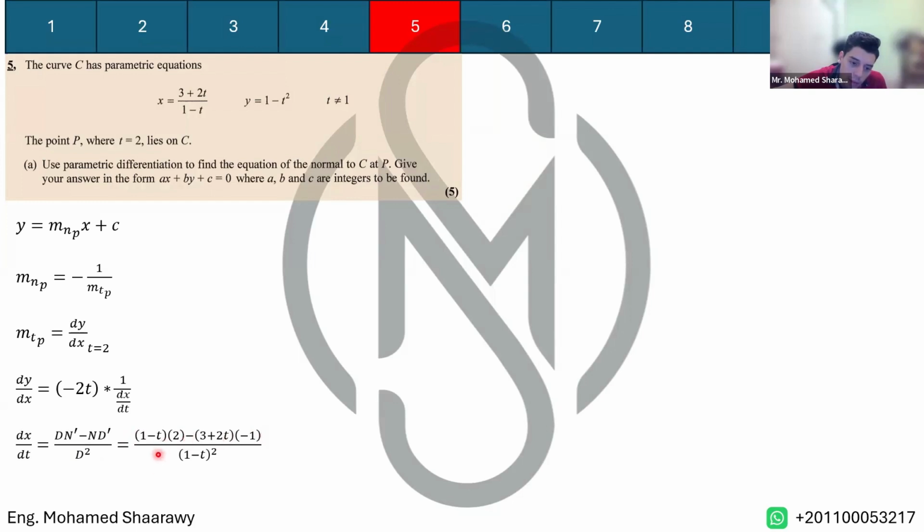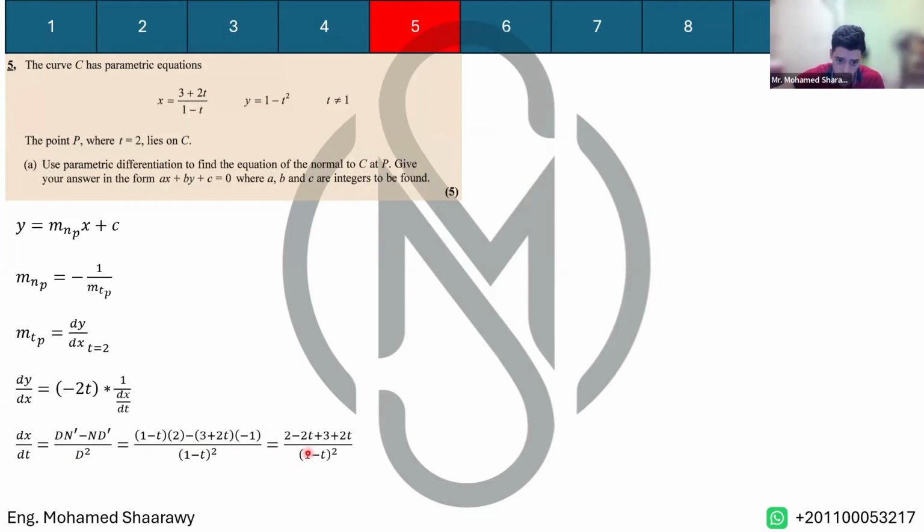Okay, let me simplify this. Let me expand first. 1 times 2t is 2t, and minus t times 2 is negative 2t. So this is first 2 minus 2t. And here, negative 1 times 3 times negative 1 is positive 3, and negative 1 times positive 2t times negative 1 is positive 2t.